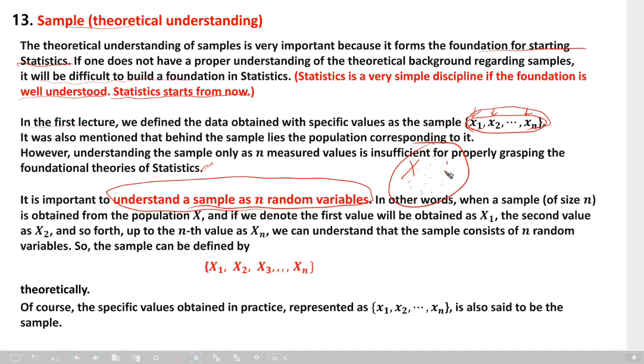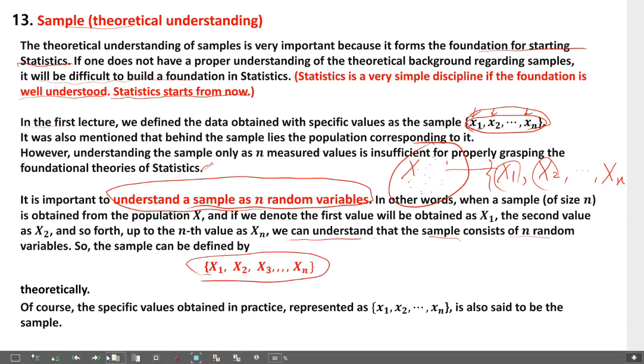So the first value obtained is x1, the second value will be obtained x2, and the last one, the nth value, will be xn. Still, we do not know the values. That's why I say theoretical understanding about sample. Then we can understand the sample consists of n random variables, so a sample can be defined this way. This is a sample, the theoretical sample.